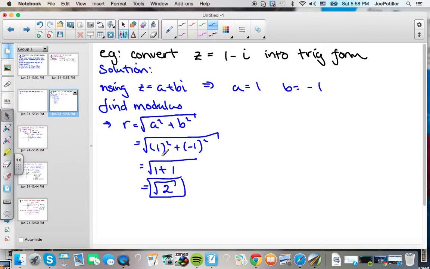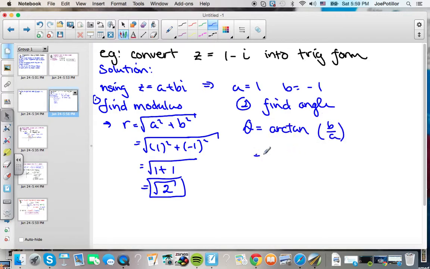Now that we know what r is, we need to know what the angle is. And so from here we find the argument, or the angle. Okay, step 1 is to find the modulus. Step 2, find the angle. So theta equals arctangent of b divided by a, which is arctangent of -1 over 1.